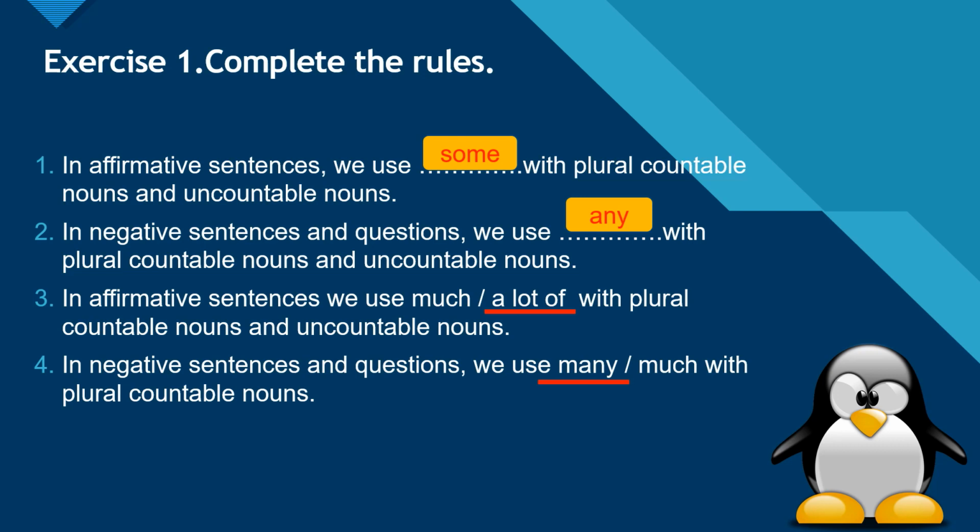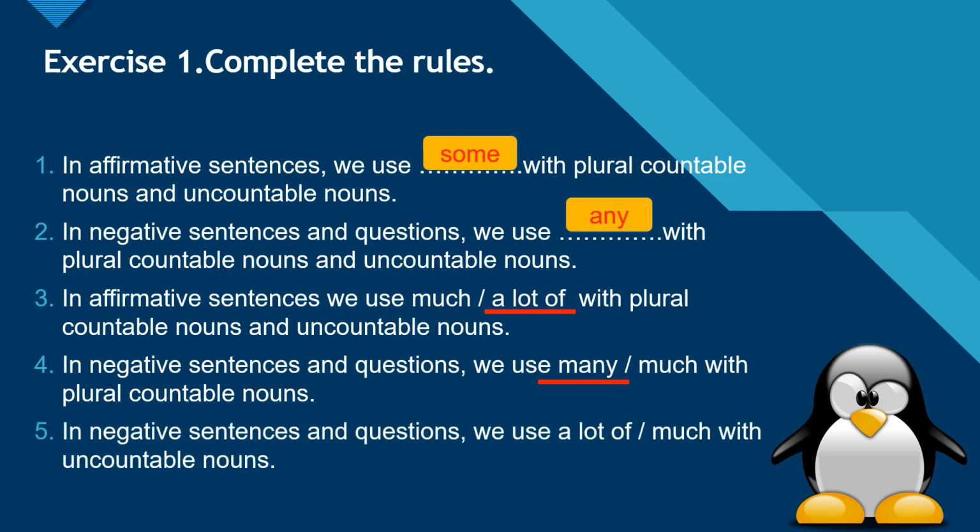Number 5, in negative sentences and questions, we use a lot of or much with uncountable nouns. So here the keyword is uncountable nouns. So we only use much with uncountable nouns.